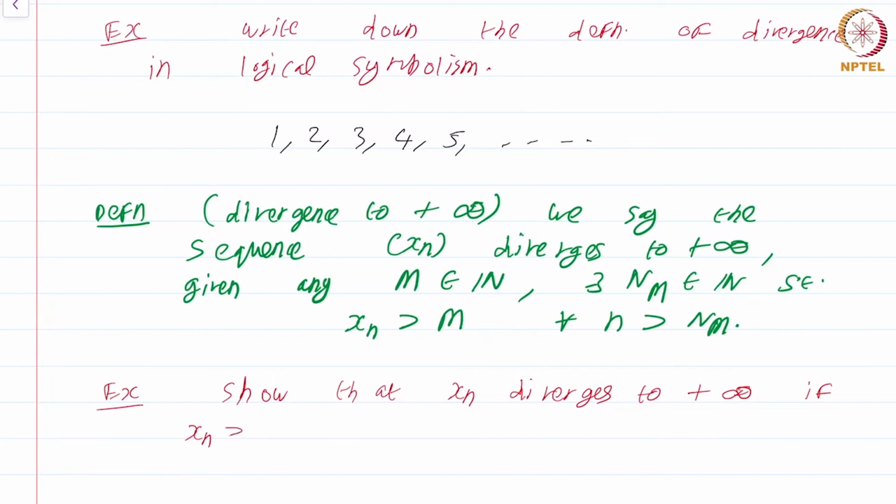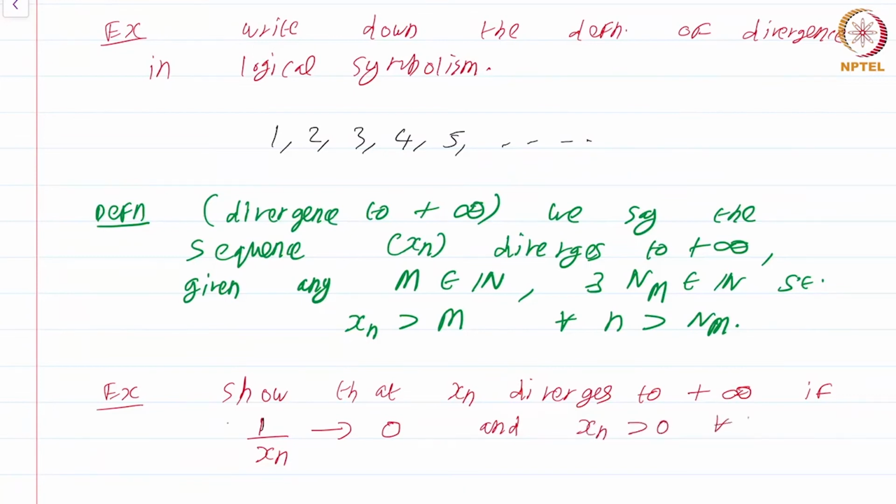strictly, okay, let me just modify the exercise. Actually not a problem. If 1 by xn converges to 0 and xn is greater than 0 for all n.